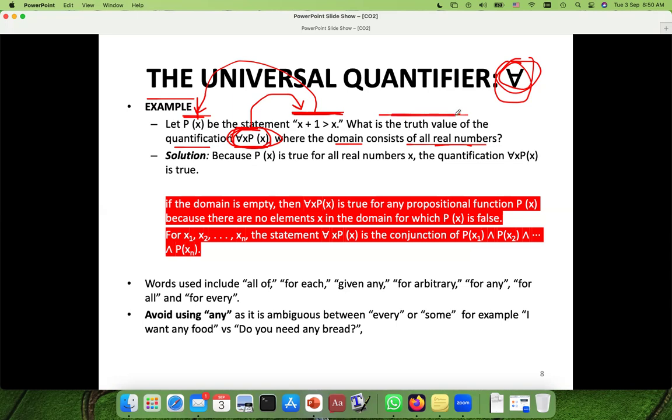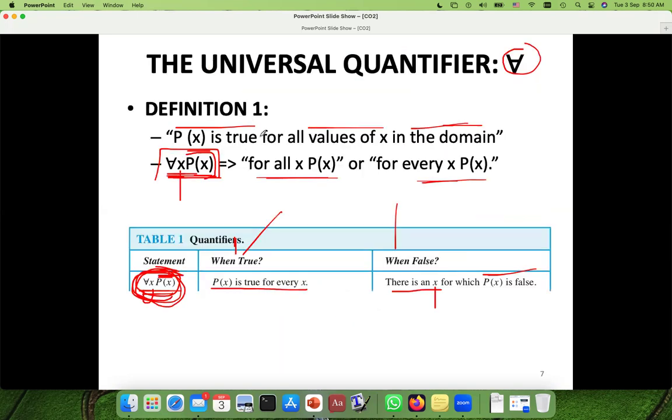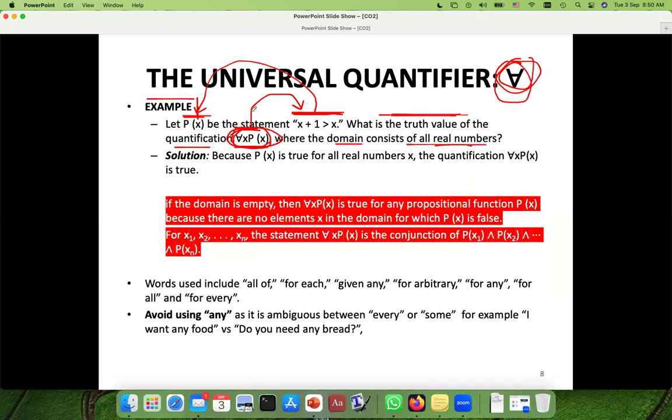The question is, what are the truth values of the quantification? We have to find this one. We know the definition of this from the previous slide. So now we have to show when it will be true and when it will be false.